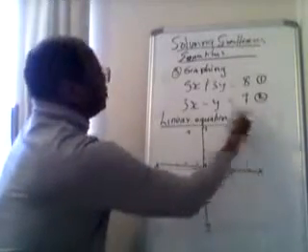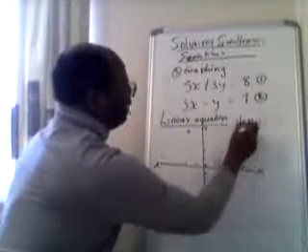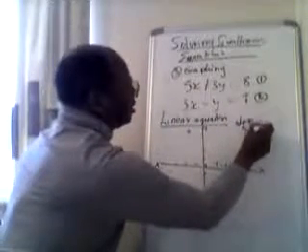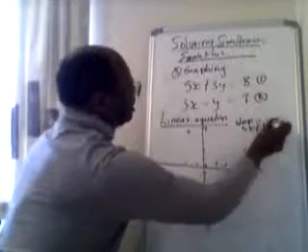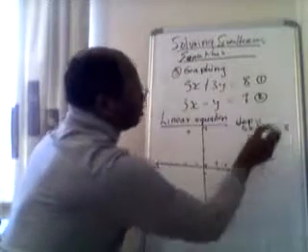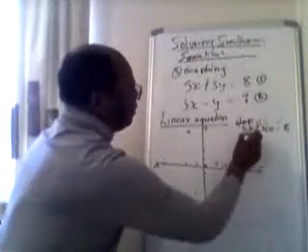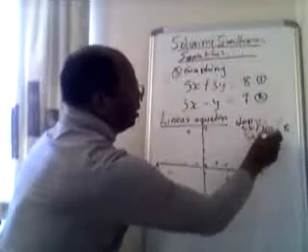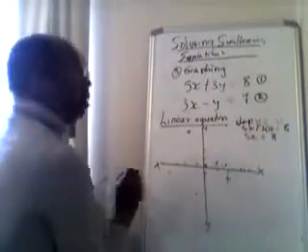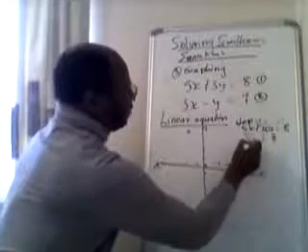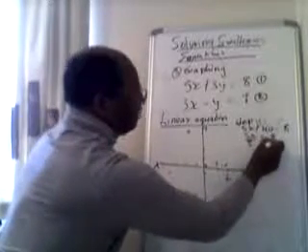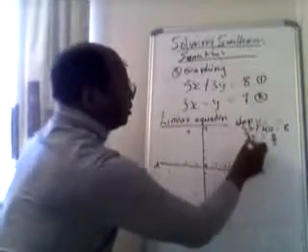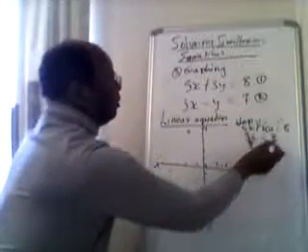I substitute this into here: 5x plus 3 times 0 equals 8. Then I've got 5x equals 8 because 3 times 0 is 0. I divide both sides by 5, so this cancels and x equals 8 over 5.